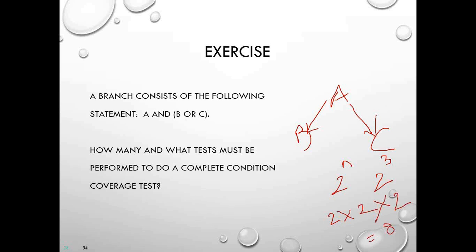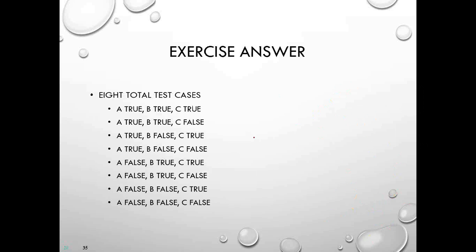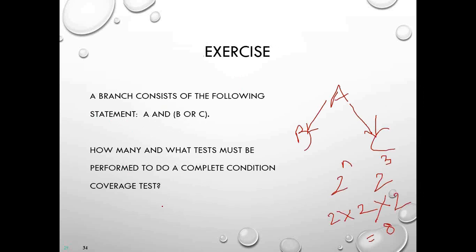That means a total of 8 test cases you need to write to do the full testing of this coverage. How? 1, 2, 3, 4, 5, 6, 7, 8. 8 test cases you have created. That's what the answer is.